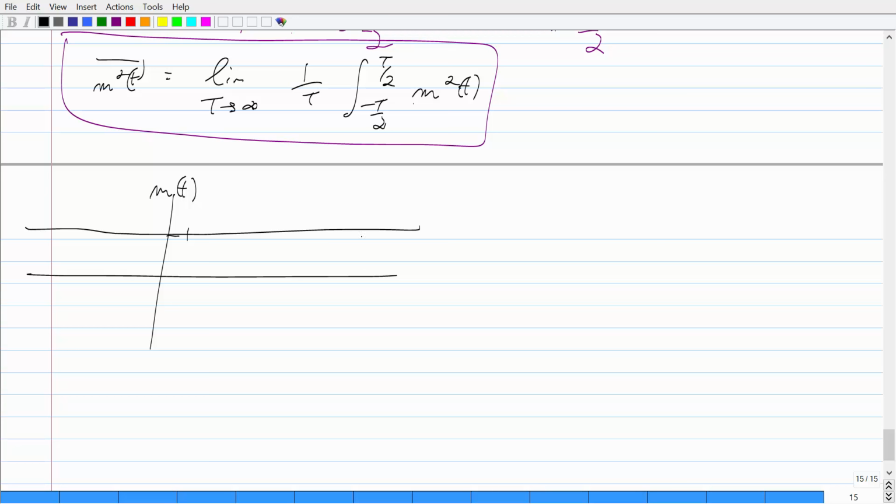Would you agree with me that this would simply be a rect function where the width is infinitely large? You'd think that this is the same thing as taking a rectangular pulse and making the tau very, very large. It's pretty much the same thing. You're just making it go towards infinity.